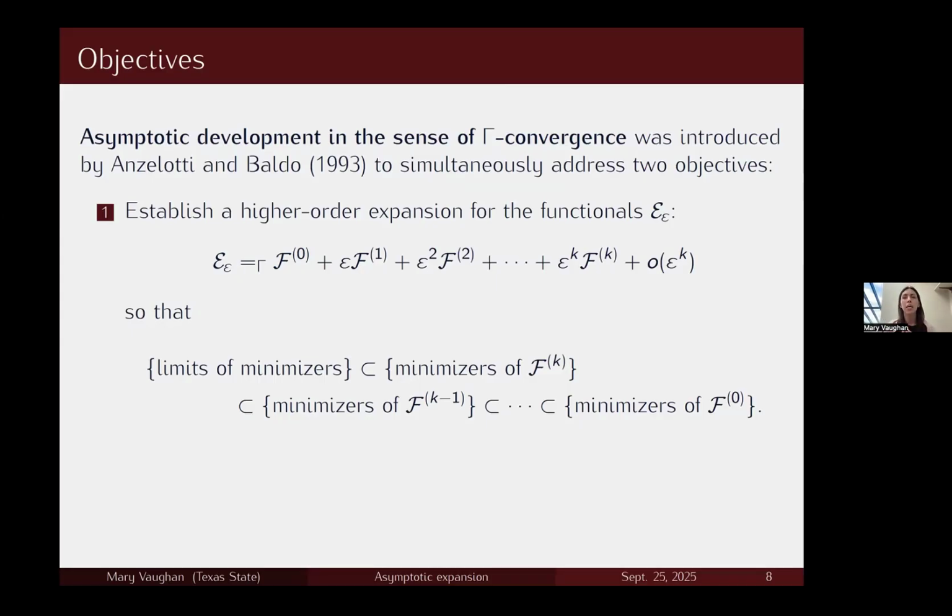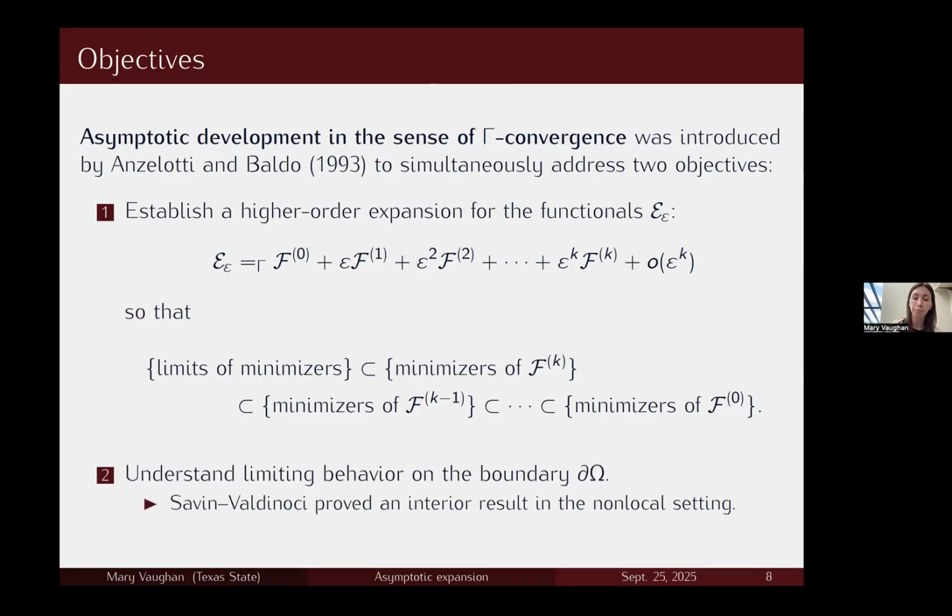So it provides a refined selection criteria for minimizers. It gives you more information about the objects that you're studying and their limiting behavior. The other piece of this story, the other objective that comes with asymptotic development, is understanding what happens at the boundary.